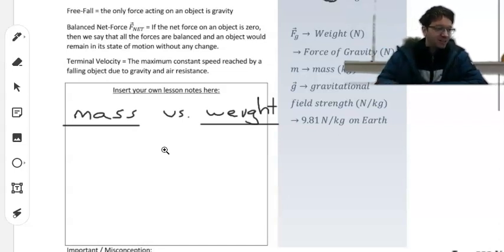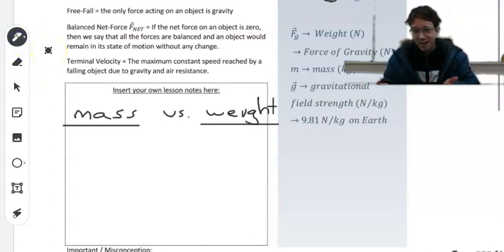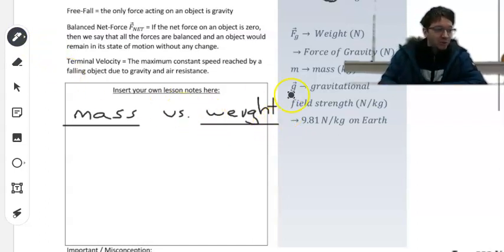But as you go from here to the moon, your mass won't change. Or it will change extremely little, on the order of a few grams, but it's not going to change. However, your weight will change a great deal because the gravitational field strength on the moon is not 9.81, it's 1.6 newtons per kilogram on the moon.